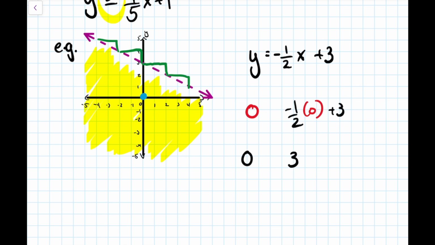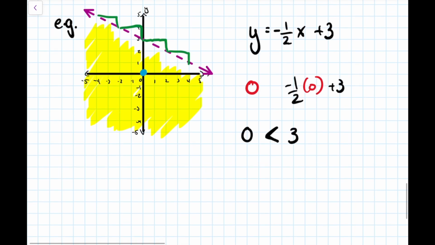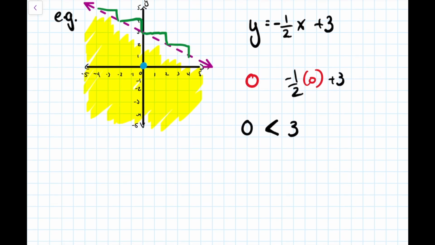And so we've got 0 and 3. Well, 0 is less than 3, so we want to use this symbol, and that's a dotted line, so we don't want to include the equals part of this. We just want 0 and 3. Putting it all together, that gets us y is less than -1/2 x plus 3. And there we are. We've got our inequality.